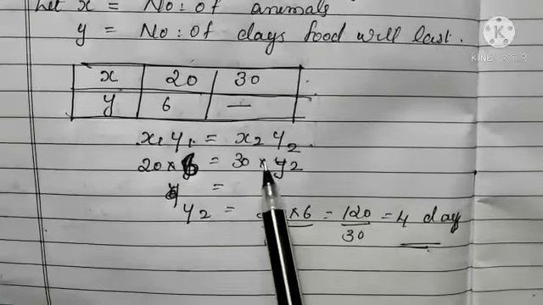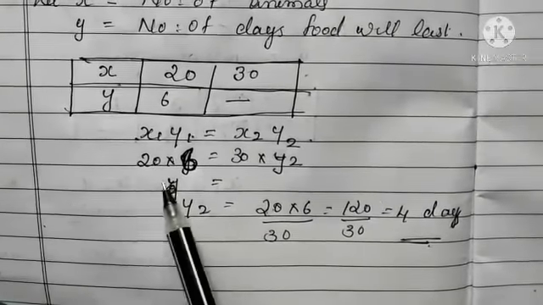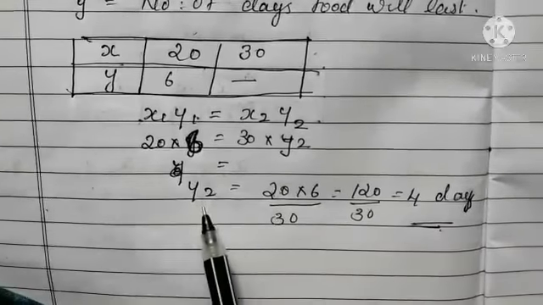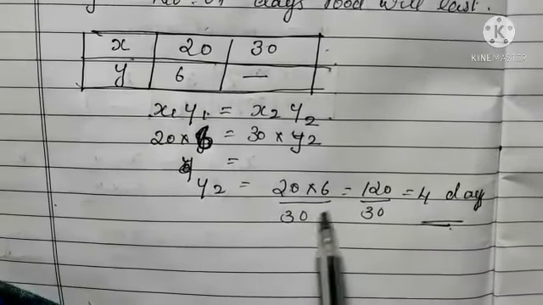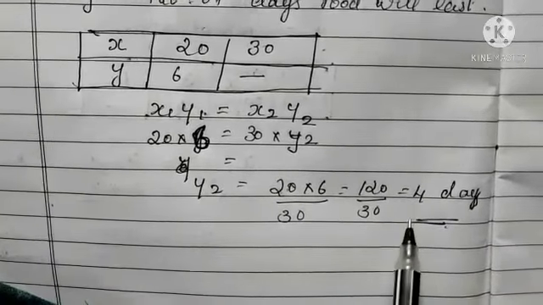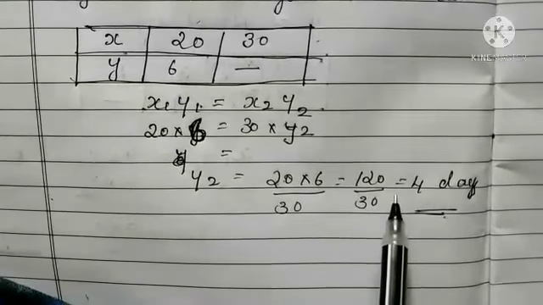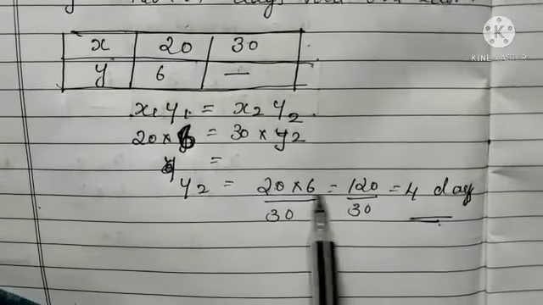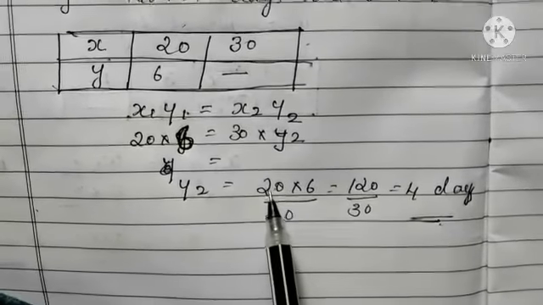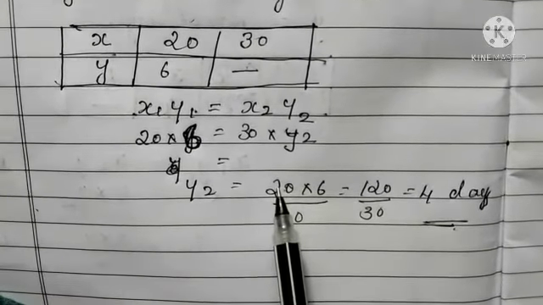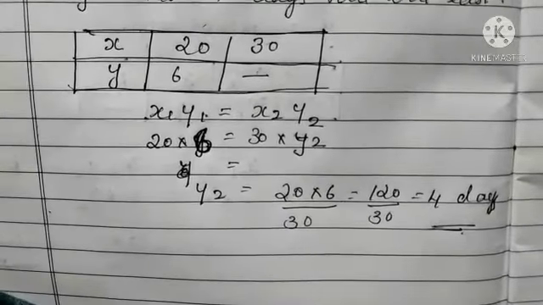So x1 y1 is equal to x2 y2. 20 into 6 is equal to 30 into y2. By calculation, 20 into 6 by 30, we will get y2 as 4 days. So if there are 30 animals, food will last for 4 days. Understood? So as the animals increase, food will last for less number of days. So here we use the inverse proportion.